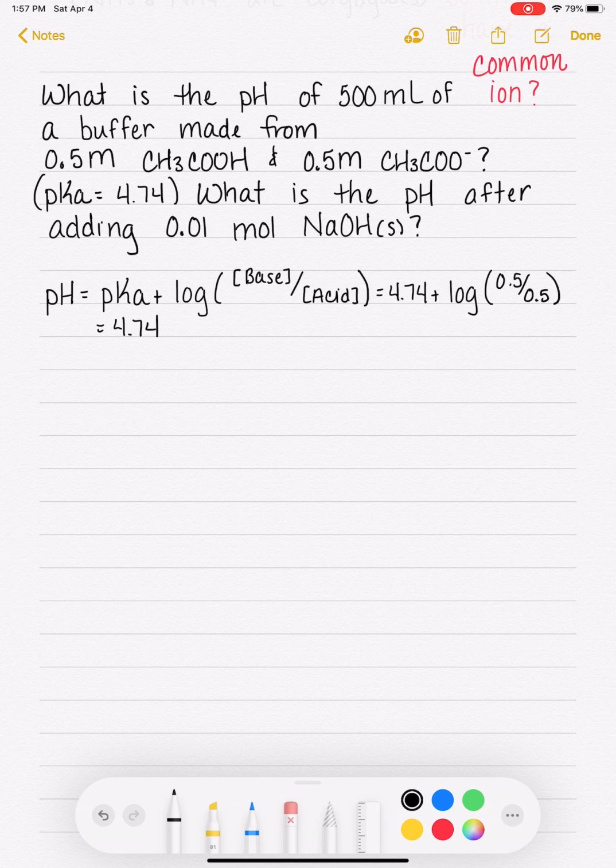Now we're going to calculate the pH after we've added this sodium hydroxide solid. And in order to do this calculation, we need to think about what the sodium hydroxide, the NaOH, is going to do with the buffer.